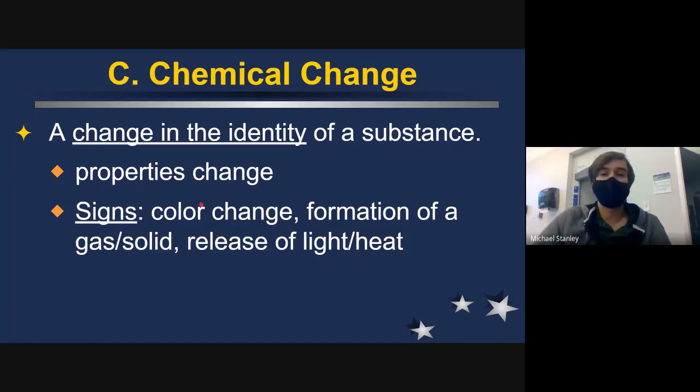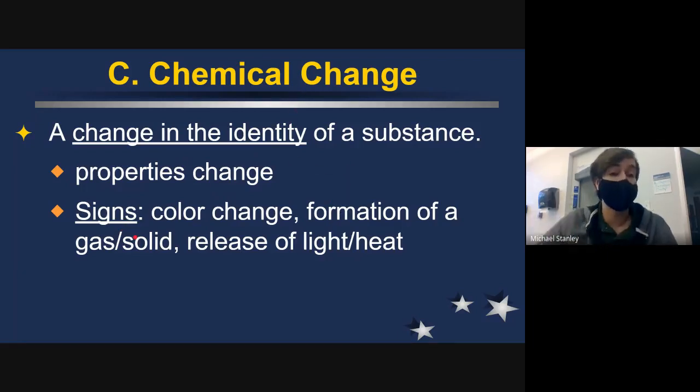I'm talking more about if you have something that is green, but then it turns to brown, or if you combine two clear liquids and then all of a sudden it turns blue, that kind of color change would indicate that a chemical change is happening, that you have some sort of new substance in there that's a different color from the original substances.